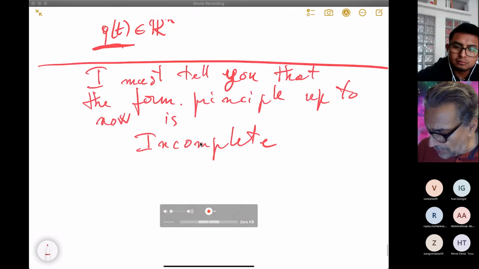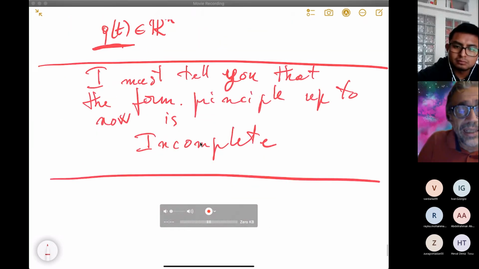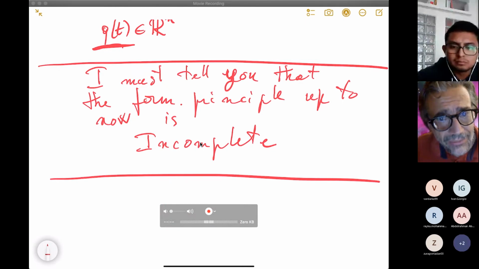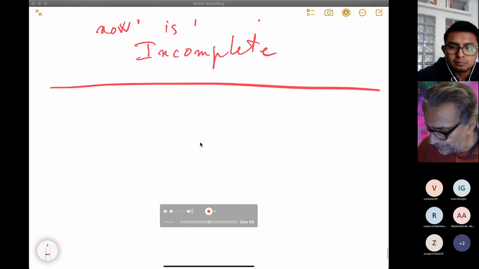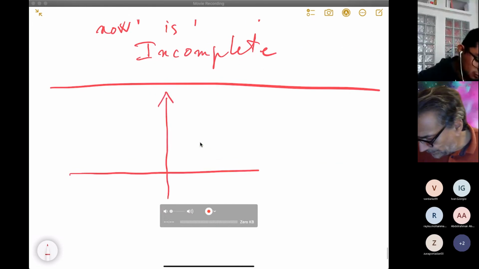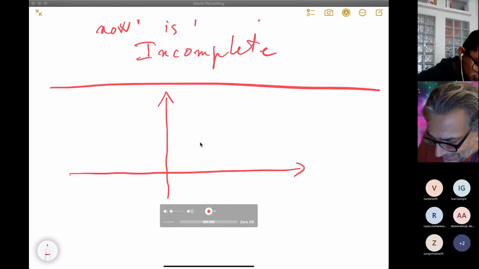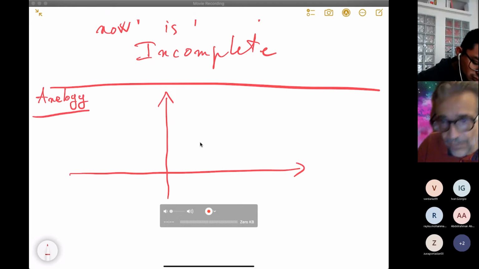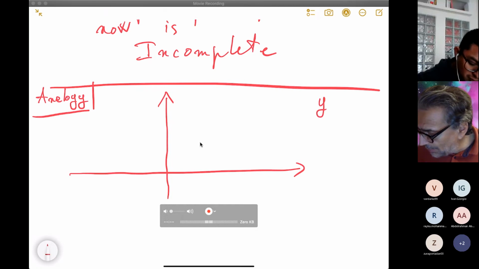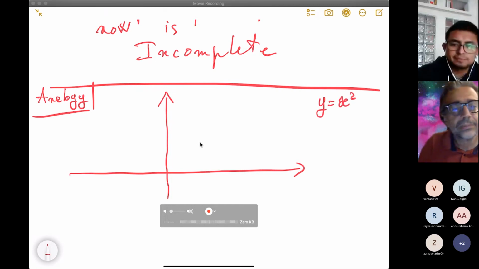It is not completely formulated, and I want to explain why via some examples. Let us choose, for analogy, the function y equals x squared.